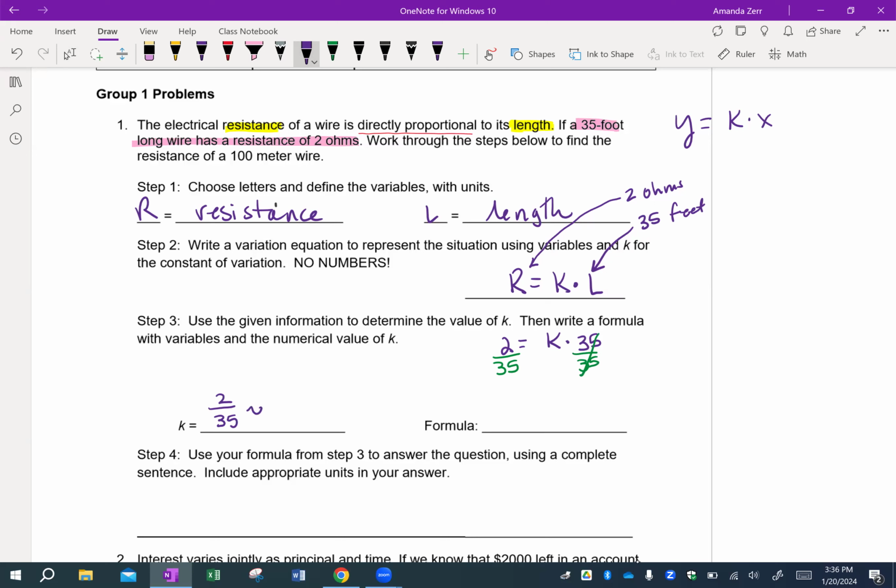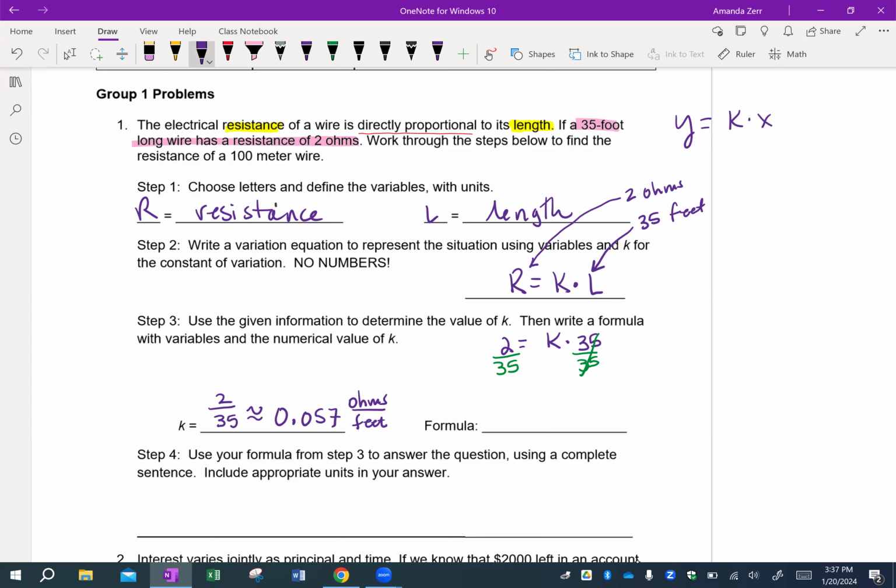And that is approximately, let's see, get my calculator, approximately 0.057. Now let's think about our units. That 2 was ohms, I'll actually just write it out, ohms, and then that 35 was feet.